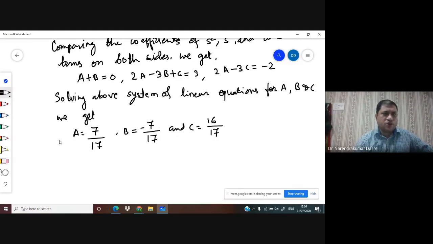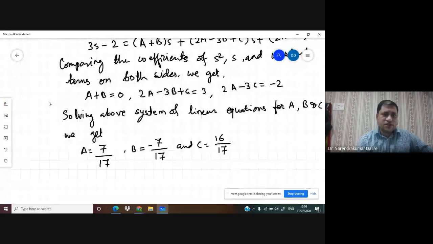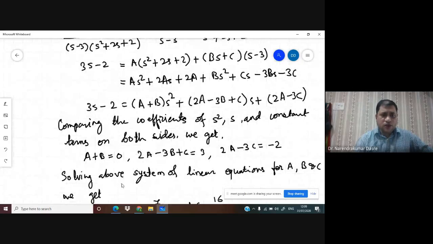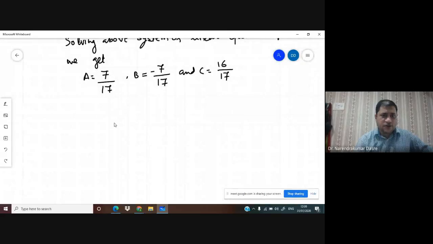The given function is f bar of s, so I can write A, B, and C here.